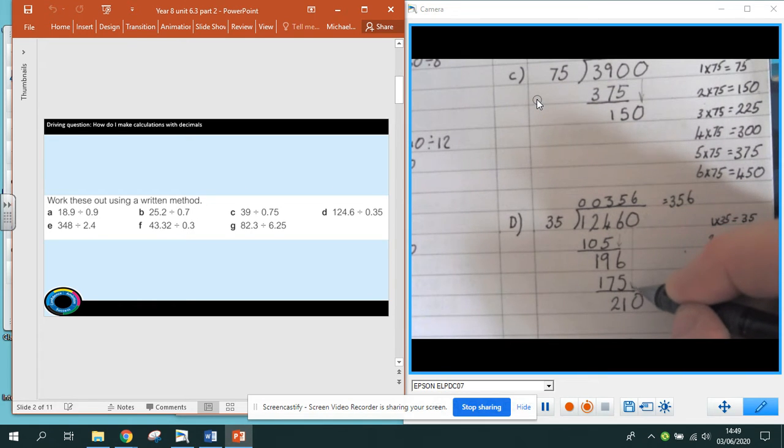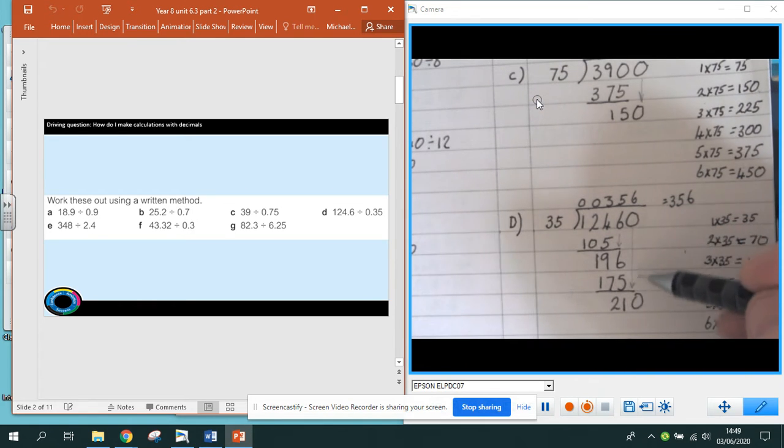I brought down the last number, which is a 0. I then made certain, I did this one at some point. 6 35s are 210. I've got 210 there. So I know that there's not going to be a remainder, so my answer is 356.